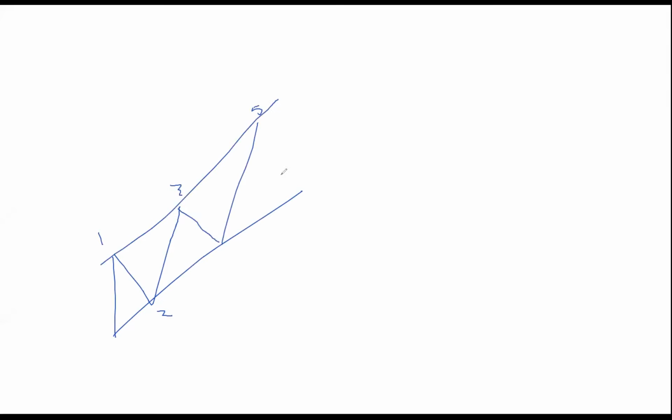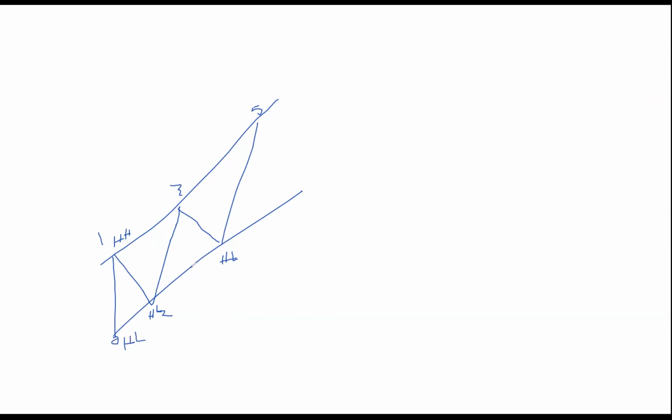So if this is the channel, and excuse the crooked line, 1, 3, and 5 should be your higher highs. And 2 and 4 should be your higher lows. And 0 is a higher low as well.